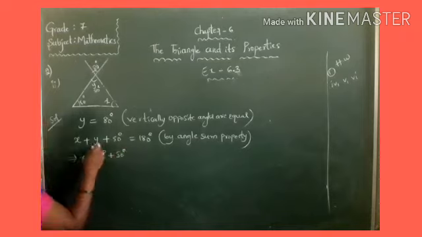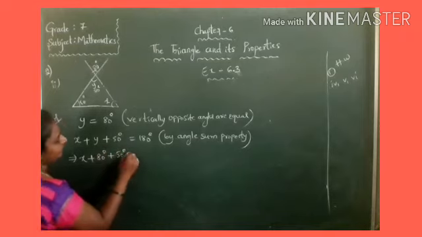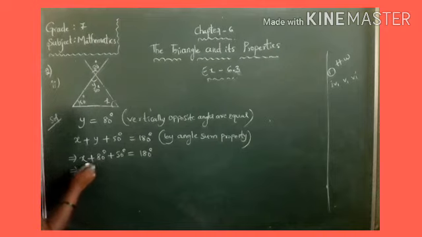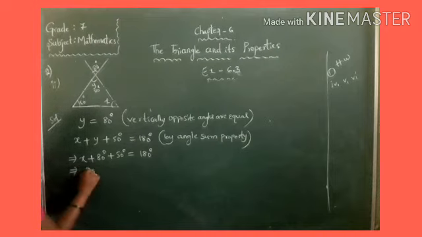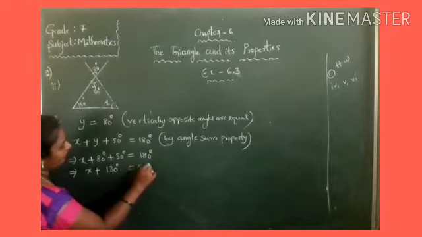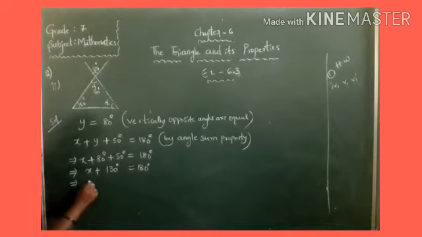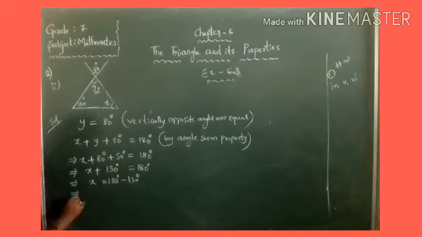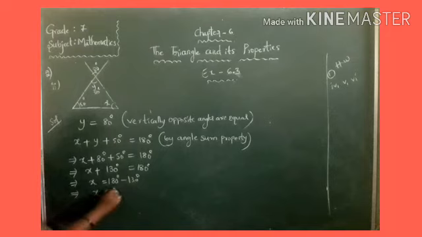Substitute that: 80 degrees plus 50 degrees is equal to 180 degrees. The sum of these two angles gives 130 degrees. Now transpose 130 degrees to minus 130 degrees. Finally, x value is 180 minus 130, which is 50 degrees.